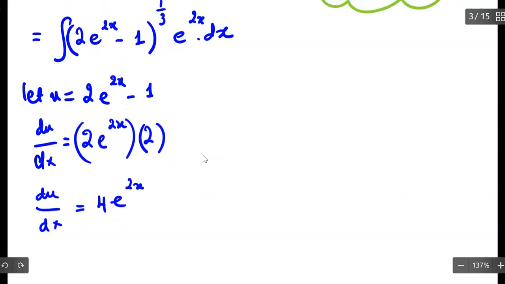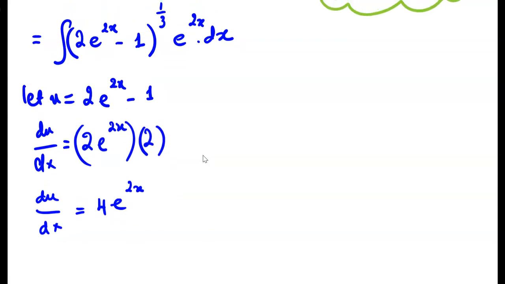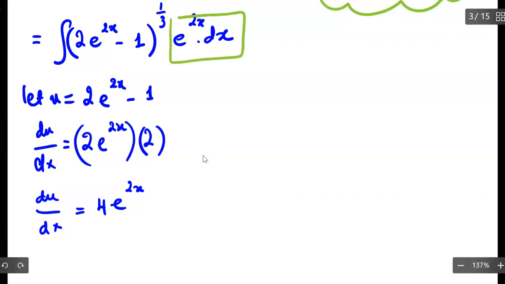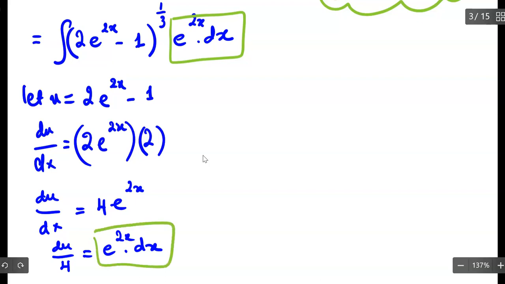So what you have to do next is match the differential factor. So you need to have this. Therefore, I will take du divided by 4e to the 2x times dx. Doing this, I know that now this is already matched with this.